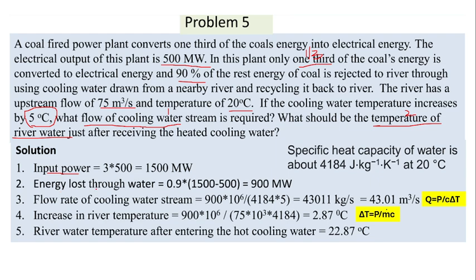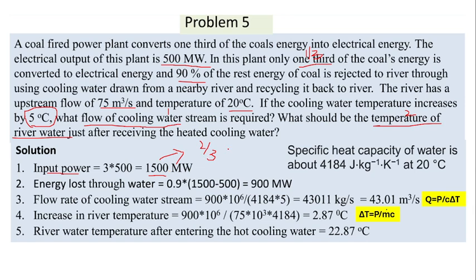Next is energy lost through the water. So we know 90% is lost. In this 1500, what is the two-third? So two-third is 1000. That is also calculated as 1500 minus 500, which is 1000 megawatts. So the input power is 1500.